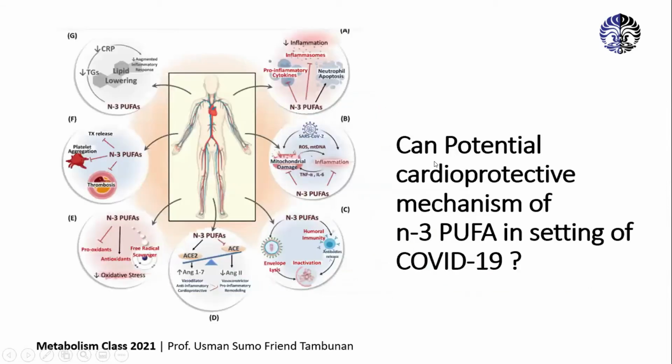And for the next question, what is the potential cardioprotective mechanism of n-3 PUFA in the setting of COVID-19? As we know, besides pneumonia, COVID-19 can cause cardiovascular disease. So in this picture from the paper, it explains how n-3 PUFA can help reduce the symptoms of cardiovascular disease.